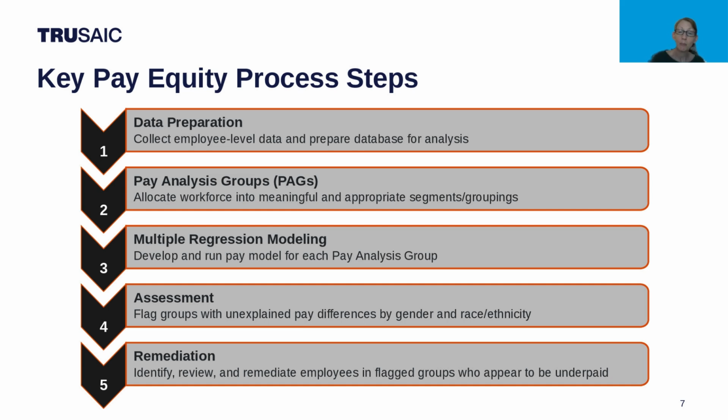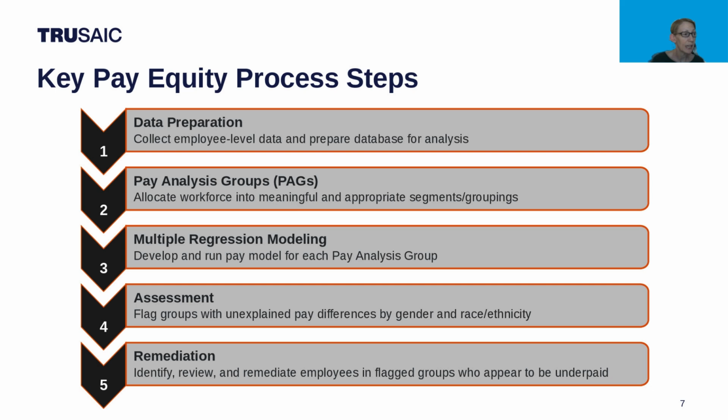And one thing to keep in mind is that when you're doing your remediation process and you're reviewing individual employees, you will identify reasons why someone should not be receiving a pay adjustment. What we recommend is that you start tracking those reasons, because that could be information that you want to collect going forward.